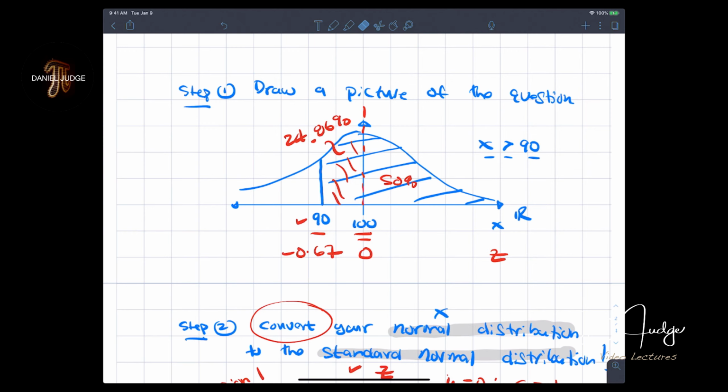So to the left, you get 24.86%, and then to the right, you get 50%. Both of these together, we add, and you end up with 74.86%.